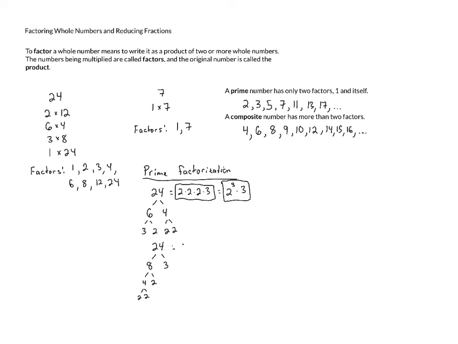We end up with the same answer no matter how we set up our factor tree. Because of this, we say that a number has a unique prime factorization. There's only one possible answer for what a prime factorization is going to be.